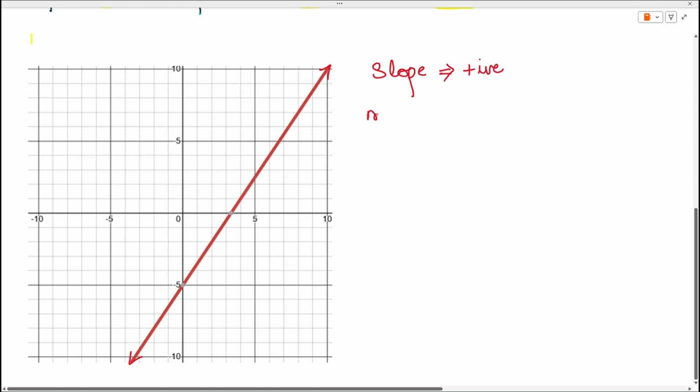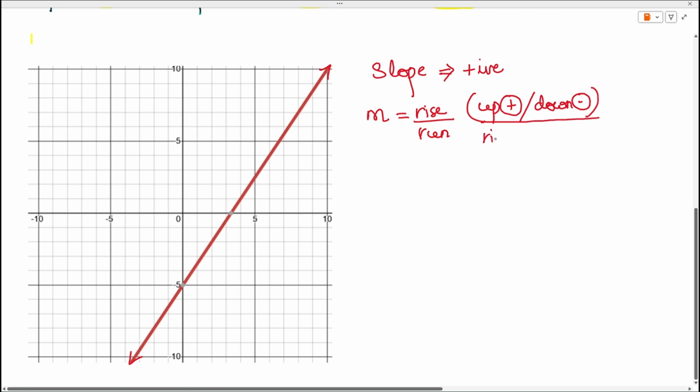Another thing is slope is rise over run. So we have to see if we are moving up or down. If we are moving up, then the sign is positive, and if we are moving down, the sign is negative for the rise. Same thing for run.